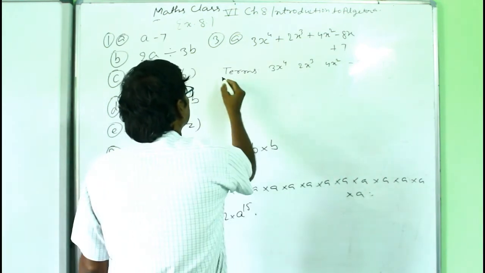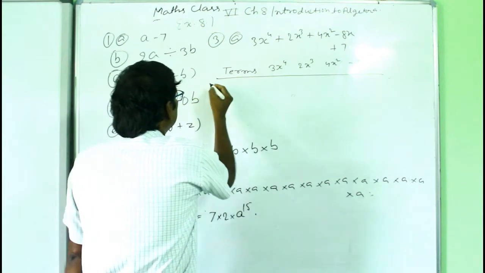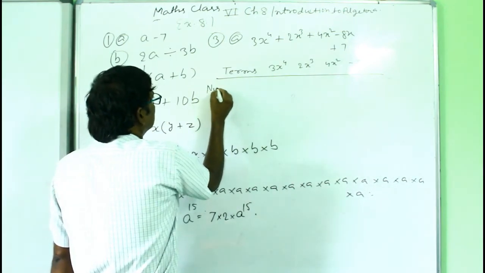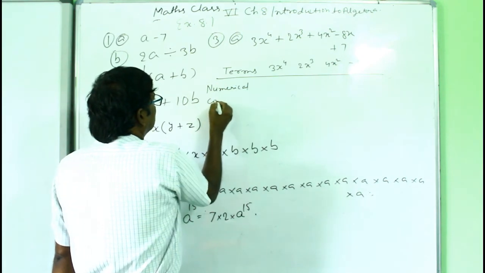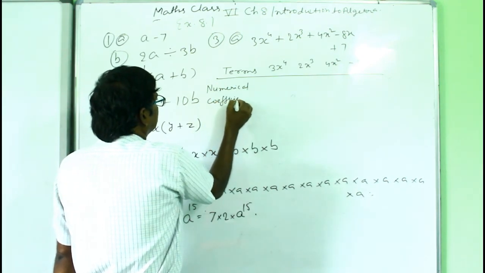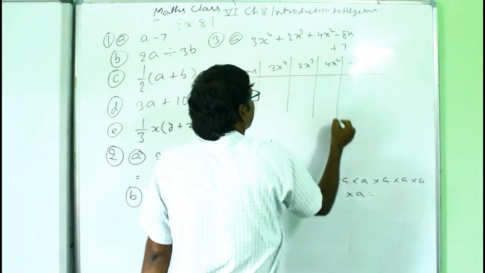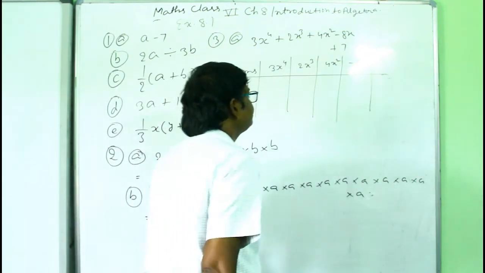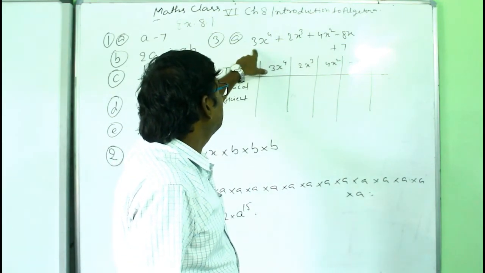Then here write the numerical coefficient. So here the term is 3x to the power 4.